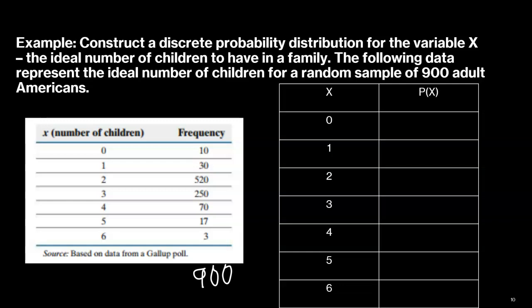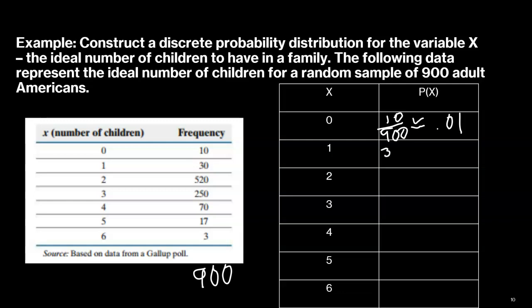So for 0, we'll put how many zeros there are, 10, divided by the total number, 900. If you divide that out and round it to 2 decimal places, you get 0.01.